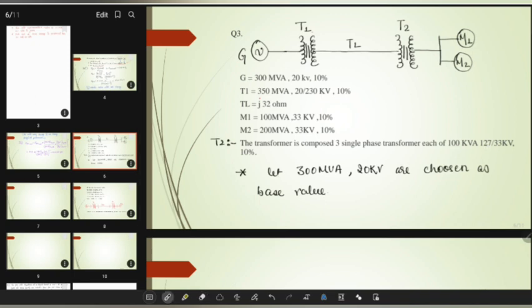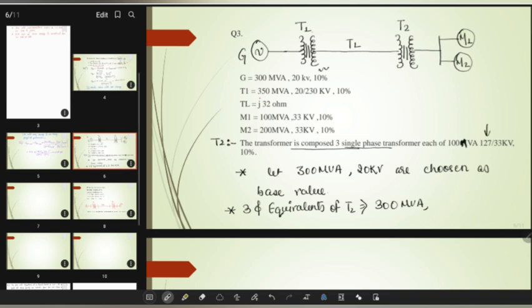Now this transformer is composed of 3 single phase transformers. So what will be the 3 phase equivalent of T2? That is 300 MVA. Please correct this one, this is not kVA, this is MVA in the question. So 300 MVA.